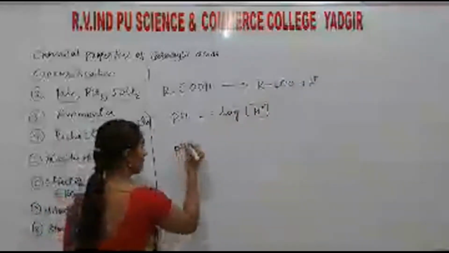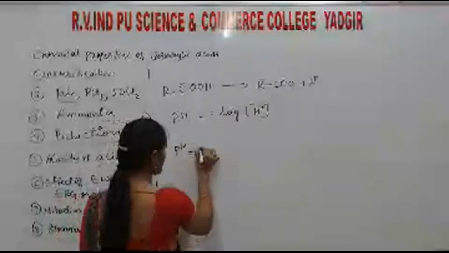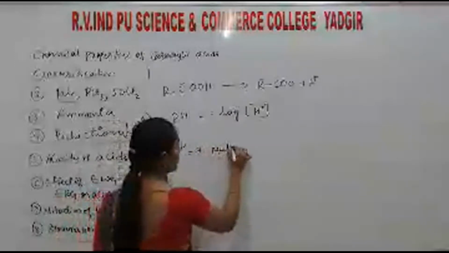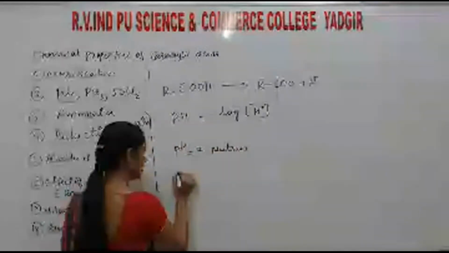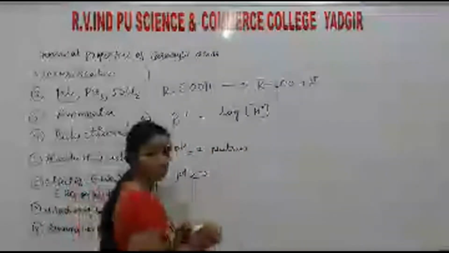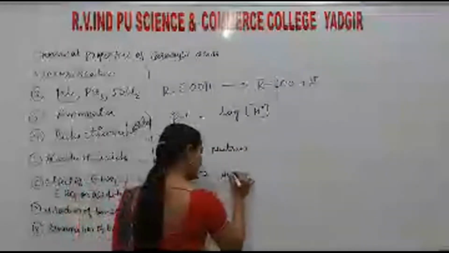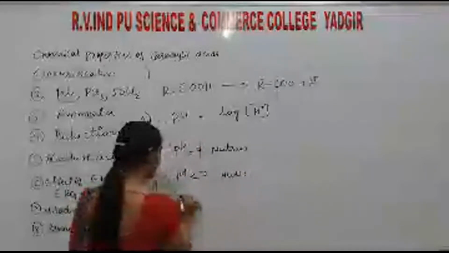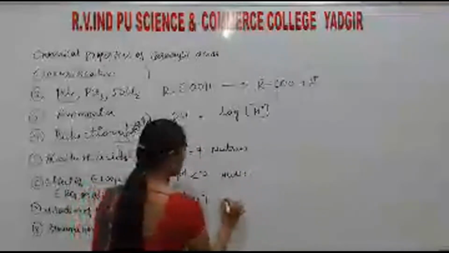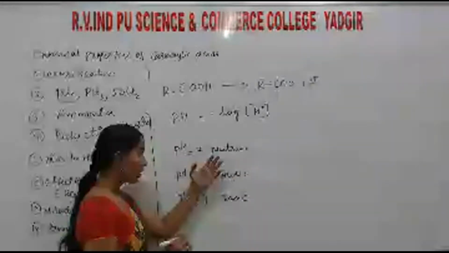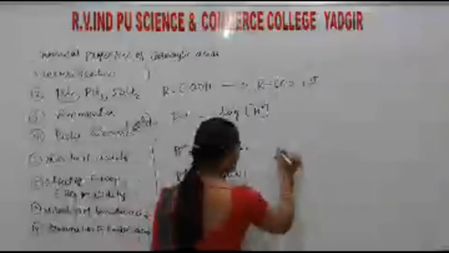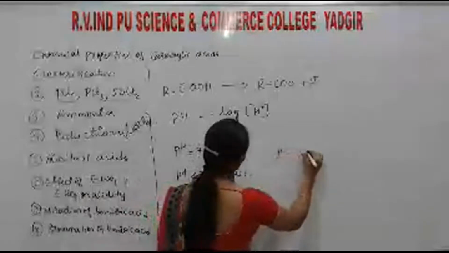So listen, if pH is equal to 7, that is neutral. Correct? If pH is less than 7, acidic. If pH is greater than 7, base. The pH range varies between what? 1 to 14.